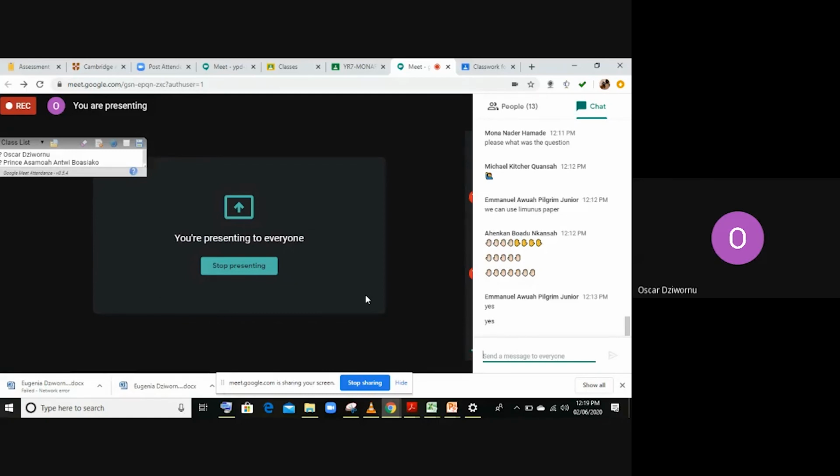So you need to first of all dissolve the soil in water. When you've done that, then you now put your universal indicator inside. Okay, then you have a color change. The color change will determine the type of soil in terms of pH it is, whether it's red or it is blue.